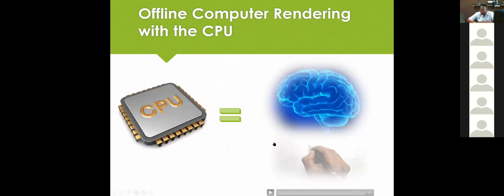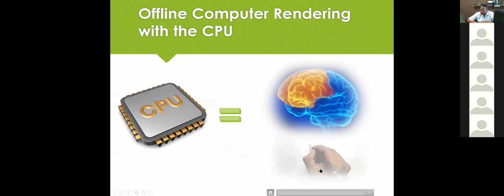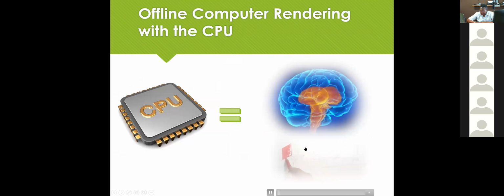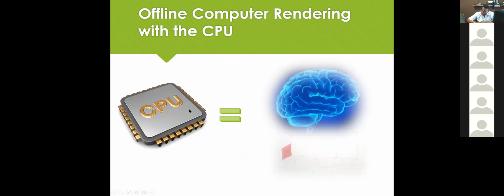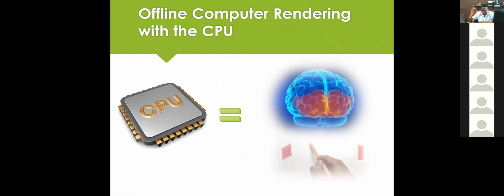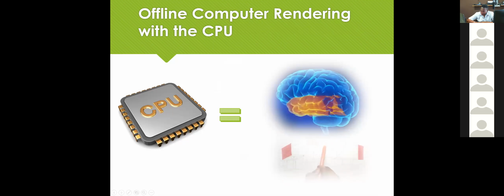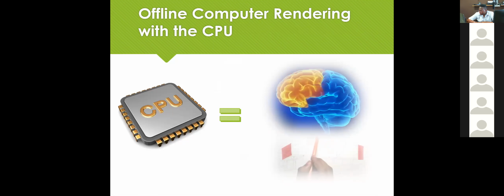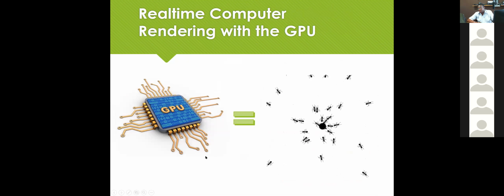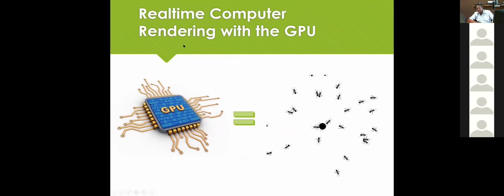So all those considerations that you had in your brain when you were trying to do this drawing, which part is light and which part is shadow, the CPU tries to replicate that with formulas and algorithms. However, because of the industry, we're trending more to the use of GPUs, which is what we call real-time rendering.